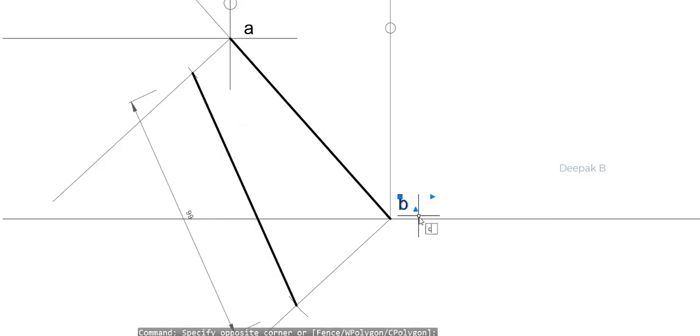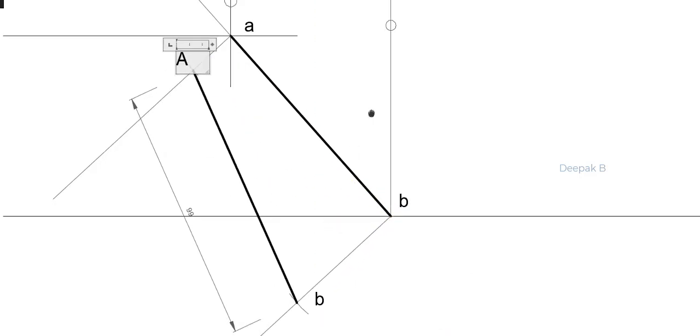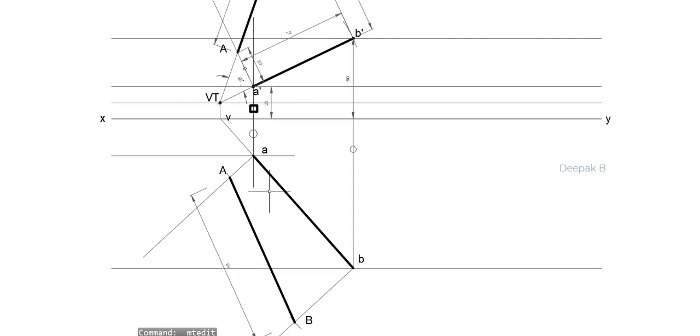So again I have to mark the points. I will name this capital A, and this would be capital P. Okay, so this is the top view and this is the true length of the line with regards to the view from the top.